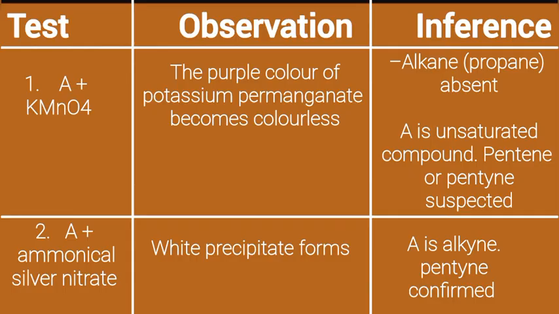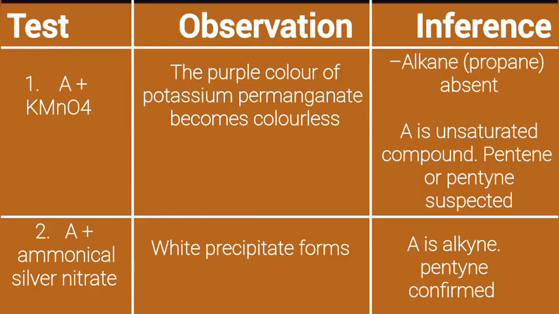But remember, we had to carry out tests to confirm that liquid A is pentyne. And please remember, I decided to start with A with this assumed observation. I could have decided to start with B and then have this observation assumed.